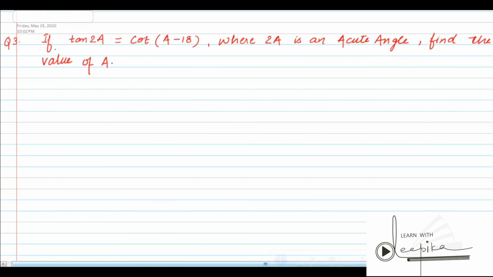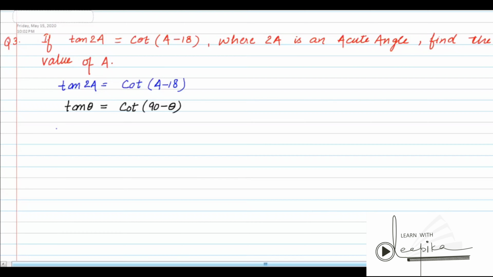Question number 3. If tan 2A is equal to cot A minus 18, where 2A is an acute angle, find the value of A. Student, this is given to us that tan 2A is equal to cot A minus 18, and also you have the formula tan theta is equal to cot 90 minus theta. From this you can convert tan 2A in the form of cot.